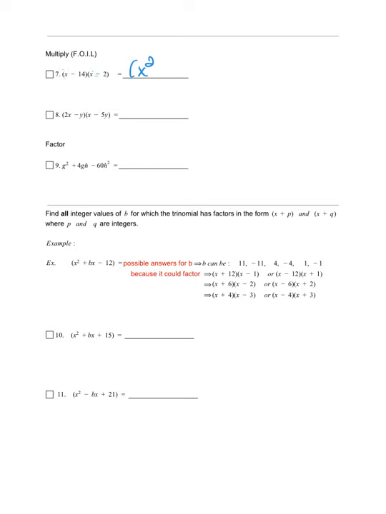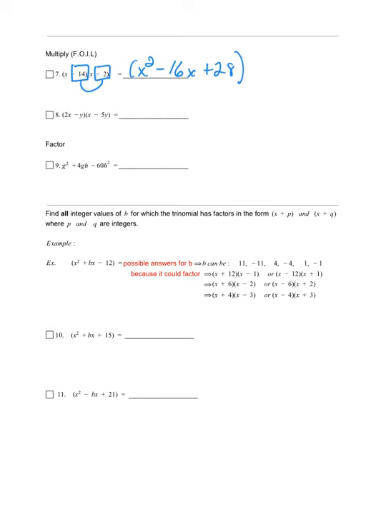Then I add these two terms. Negative 14 plus a negative 2 is negative 16x in the middle. And then I'm going to multiply them. Negative 14 times a negative 2 is a positive 28.